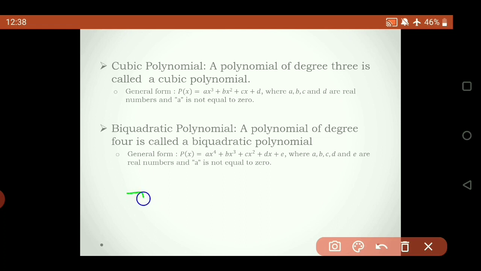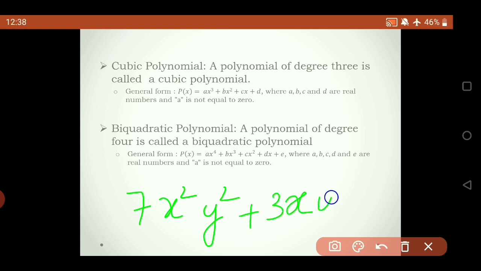For example, 7x square y square plus 3xy plus 2. Here you can see that the highest degree of this polynomial is 4, as the exponents of x square and y square are added for calculating the degree of the polynomial. Therefore, it is a biquadratic polynomial.